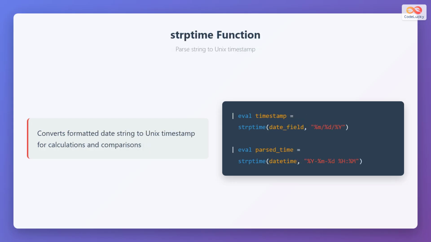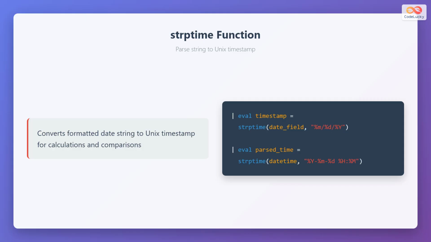The strptime function performs the reverse operation of strftime by parsing formatted date strings and converting them to Unix timestamps. This is particularly useful when working with log files that contain dates in various string formats. The function takes a date string and a format specification to produce a timestamp suitable for calculations and comparisons.